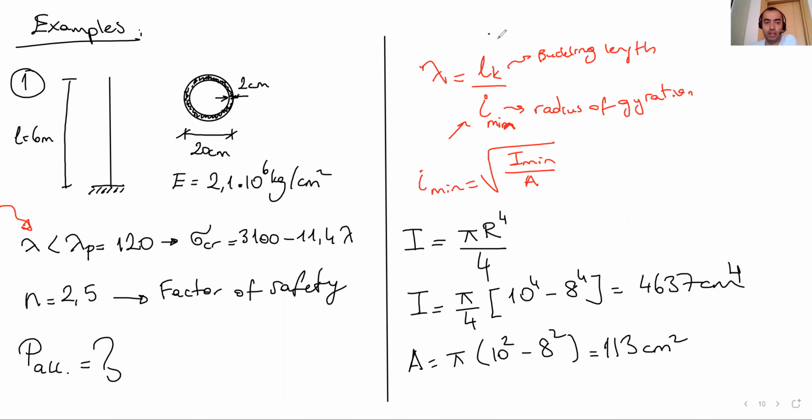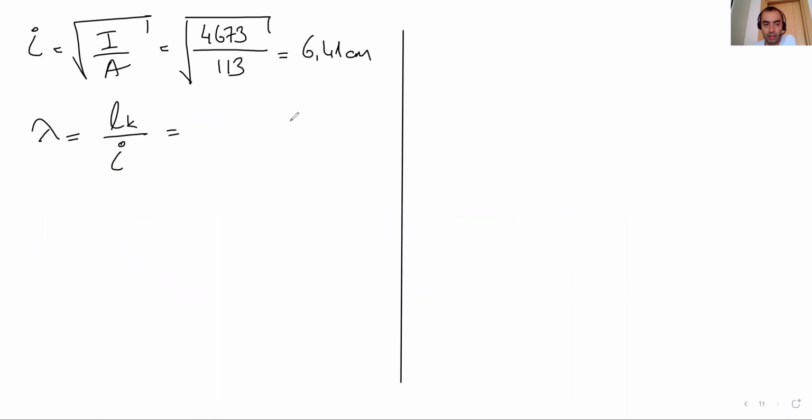Remember, it gets this shape when loaded, half of the arch. We need this total length, which is important for us. So for the cantilever, double L is the buckling length, 2 times 600 centimeters.